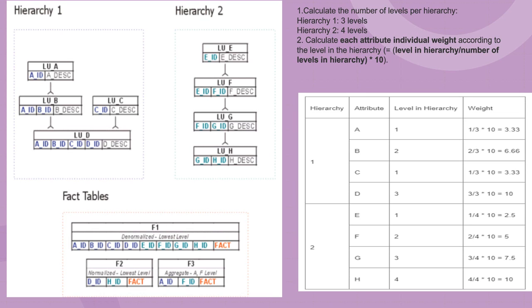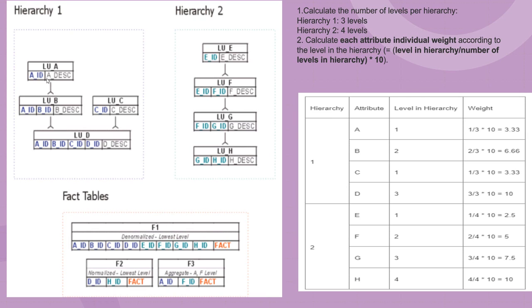The next step is to identify the individual weight for each attribute. The formula to calculate the individual weight for an attribute is the level in the hierarchy divided by the total number of levels in the hierarchy, multiplied by 10.